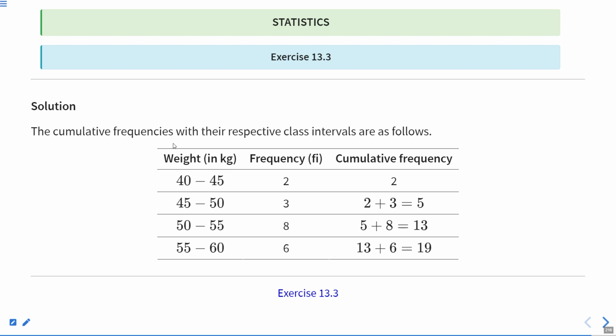Okay, so the cumulative frequencies with their respective class intervals are as follows. For class interval 40 to 45, cumulative frequency is 2. For 45 to 50, it is 2 plus 3, that is 5. For 50 to 55, it is 5 plus 8, that is 13. For 55 to 60, it is 13 plus 6, that is 19.